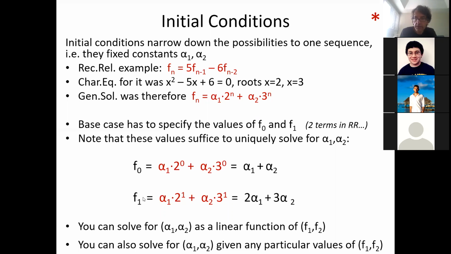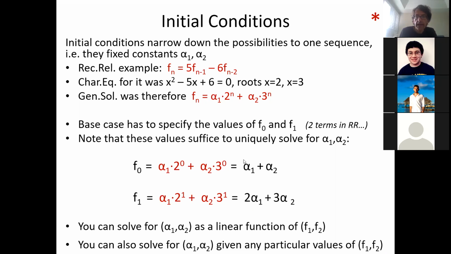The initial cases, therefore, need to be 2 initial cases to define these 2 constraints, and this suffices. So given the general formula and given the initial constraints, this defines these uniquely.